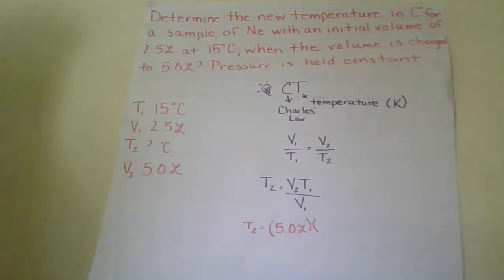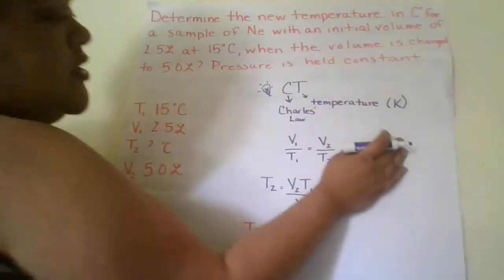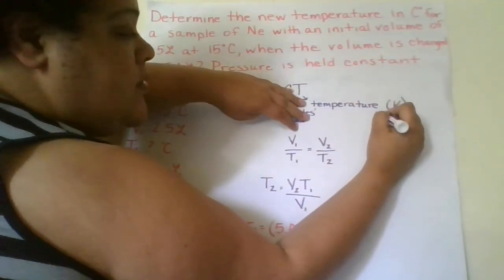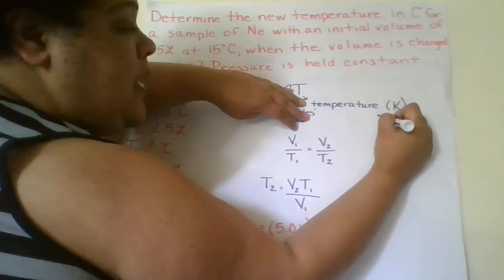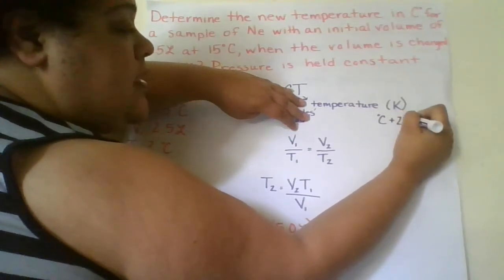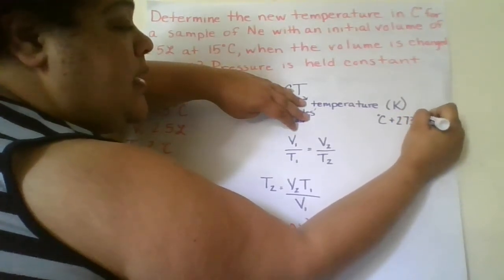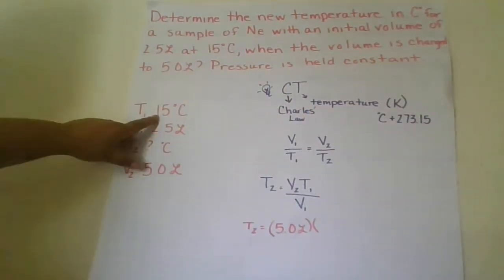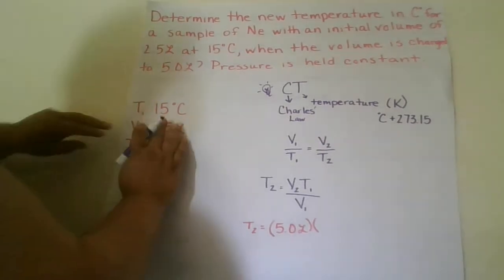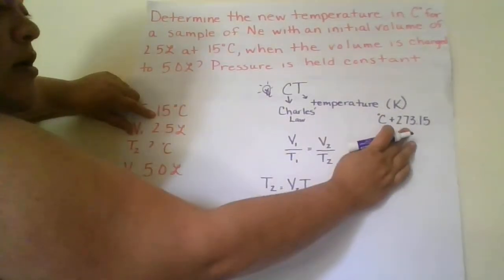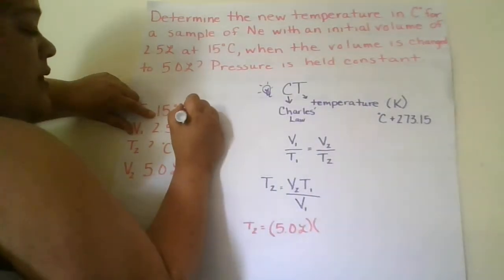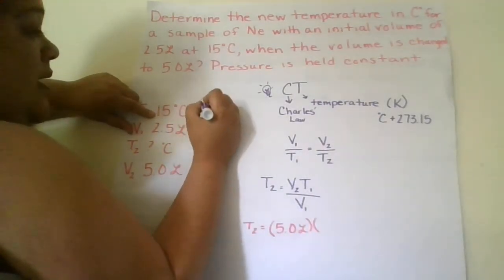So in order to do that, whatever your Celsius is, it's going to be centigrade plus 273.15. So let's apply that to this temperature here. We're going to add 15 plus 273.15.